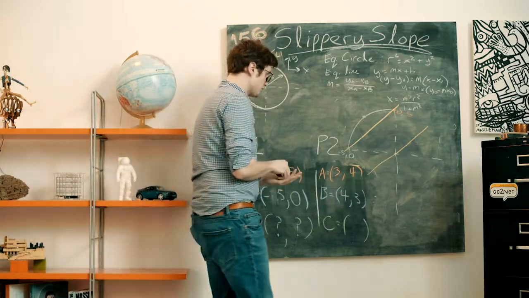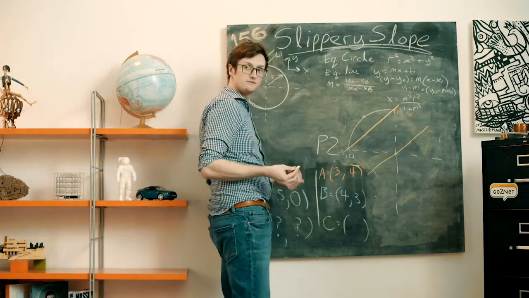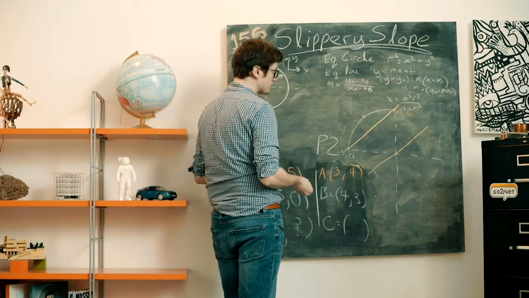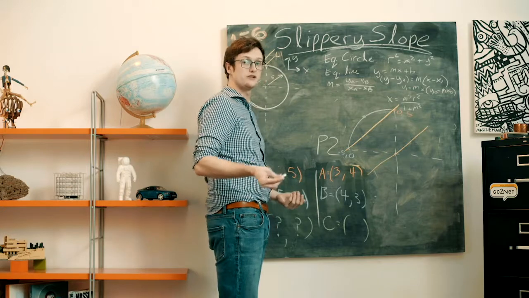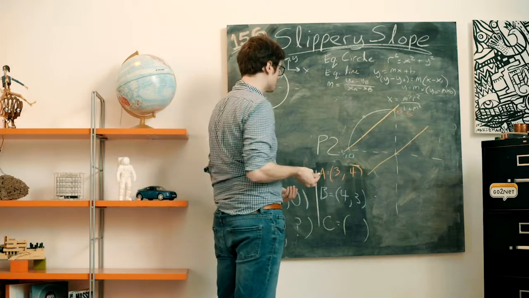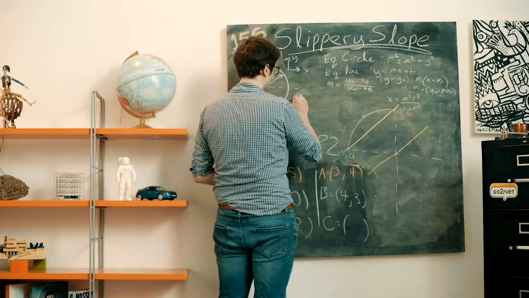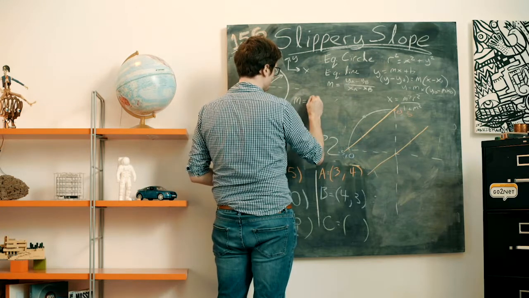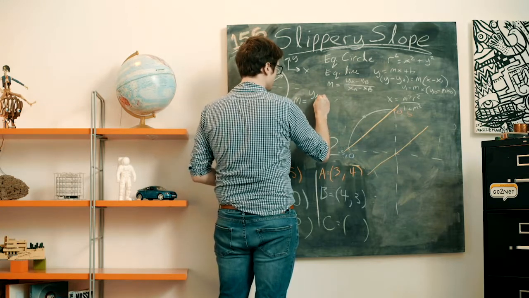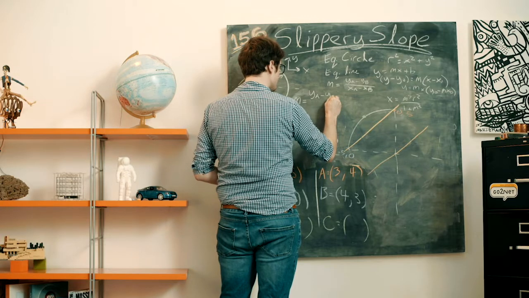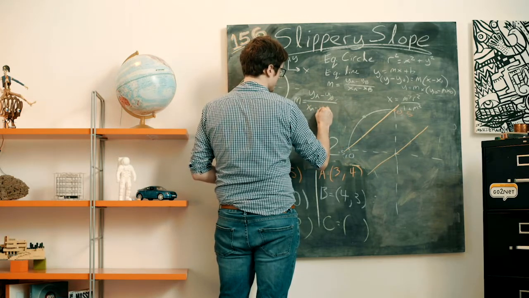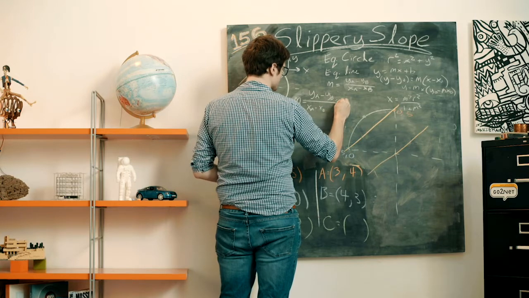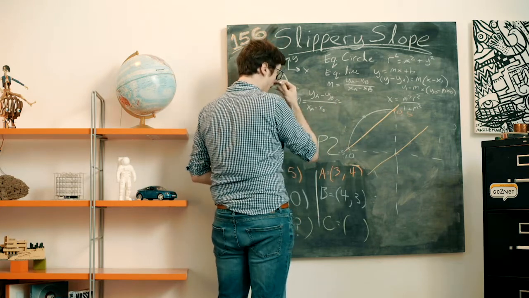I know that I can get the slope of a line by taking the y-coordinates of both points and the x-coordinates of both points and dividing the differences. So m, y of A minus y of B over x of A minus x of B, is going to give me the slope of this line.